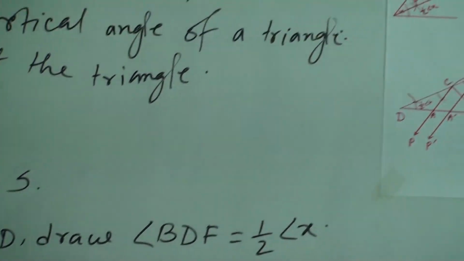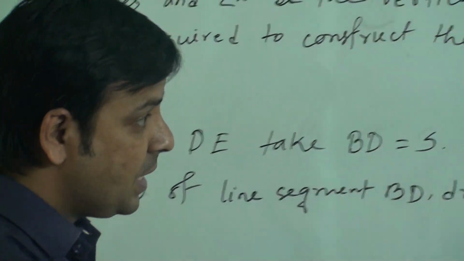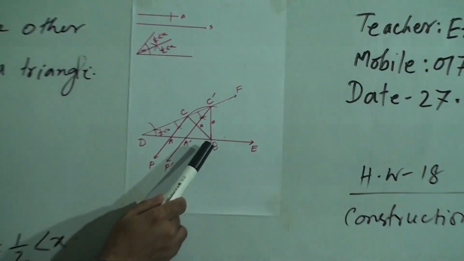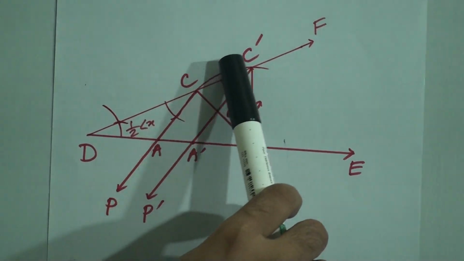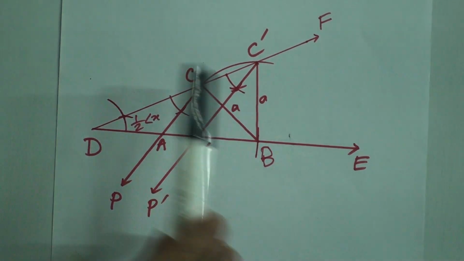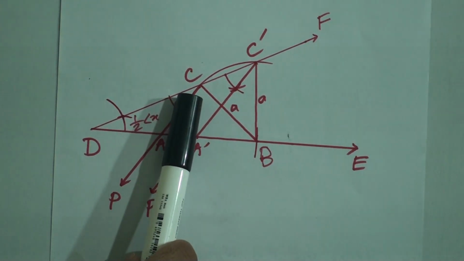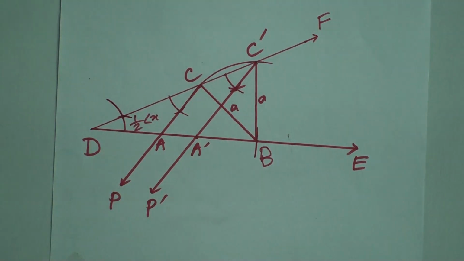Now, this is step 3. With B as center, I have drawn an arc, taking the radius equal to length A, which intersects DF at C and C prime.